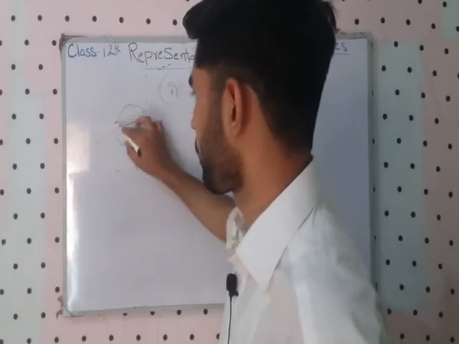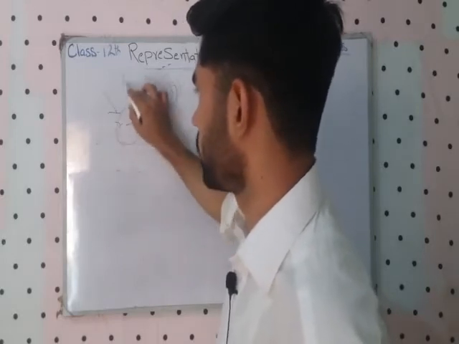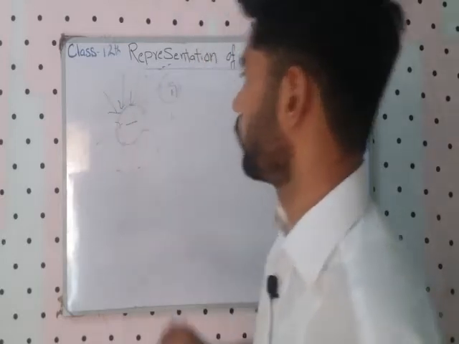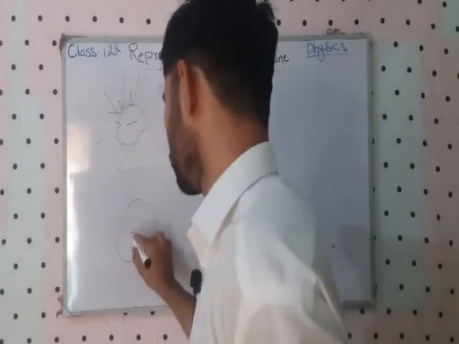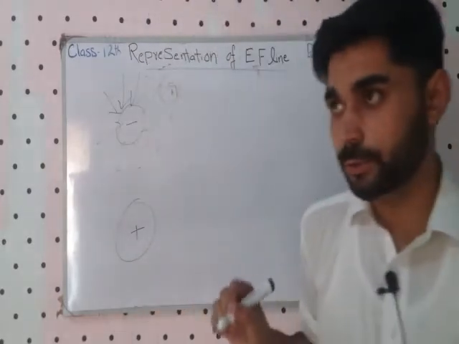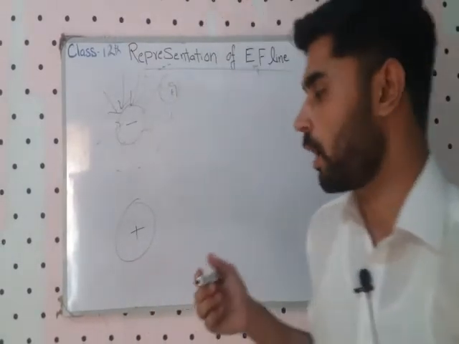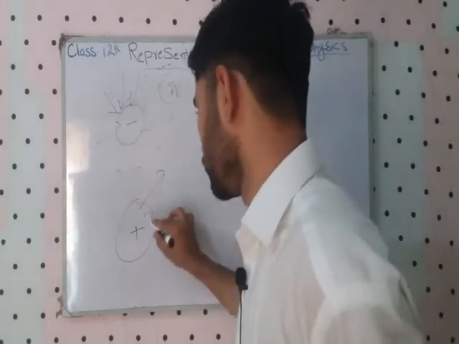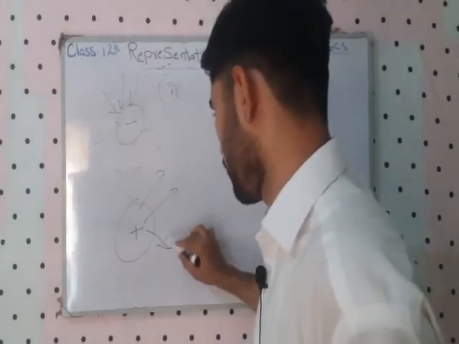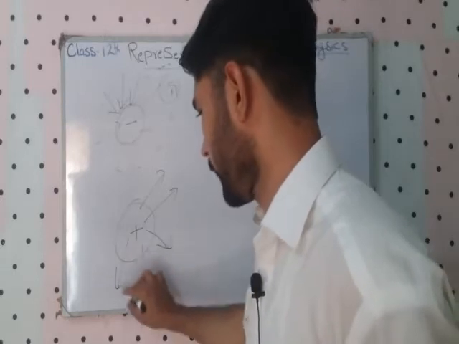For a negative charge the direction of the arrow will be toward the charge, while for a positive charge the direction of the arrow will be away from the charge.